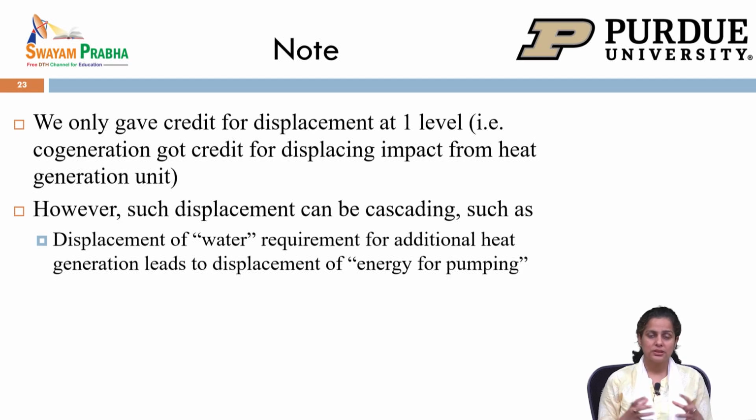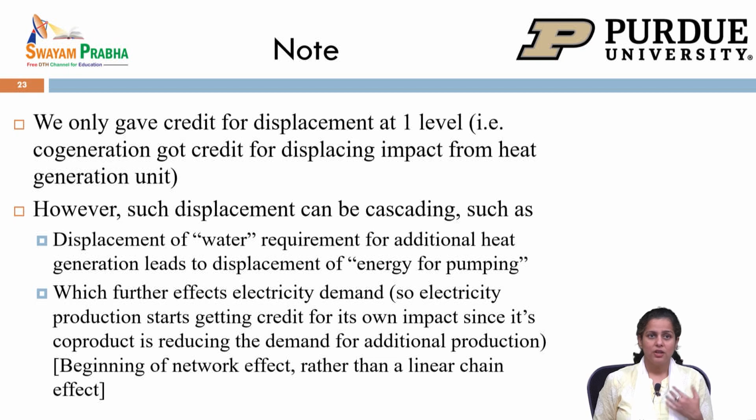So, now you are seeing that as you go deeper into understanding the second order and third order effects, which is also called the supply chain effect, but in this case we are going to call it the network effect, we will be looking at displacing at several steps. You have further demand in electricity, so your electricity demand will be reduced.